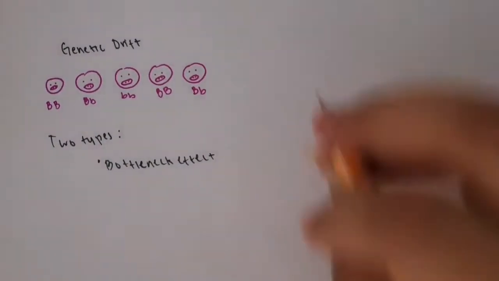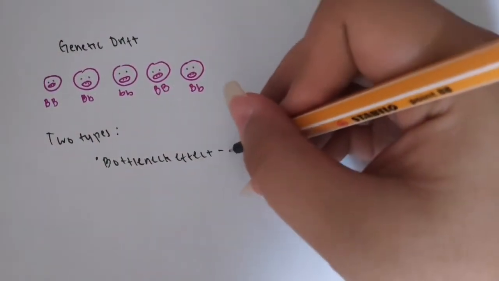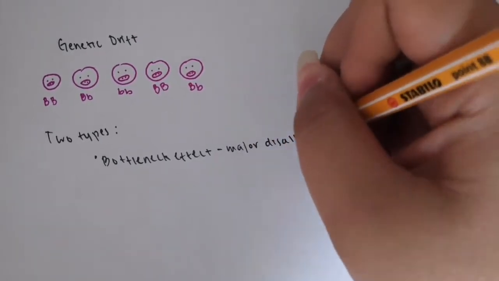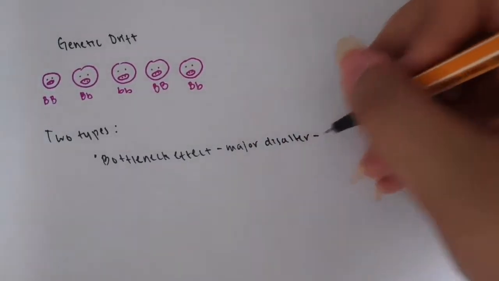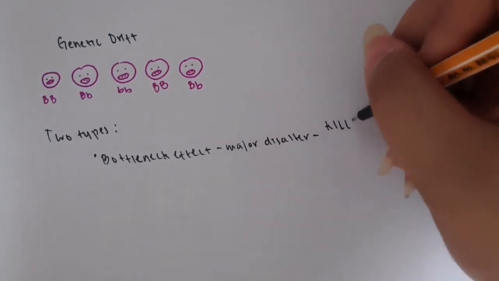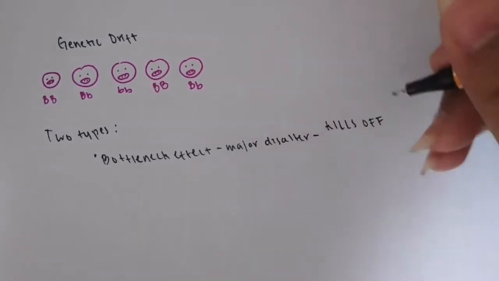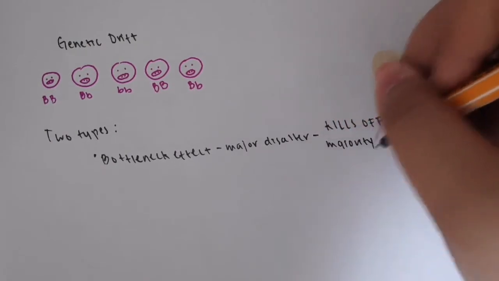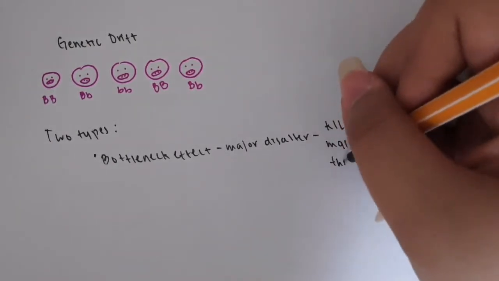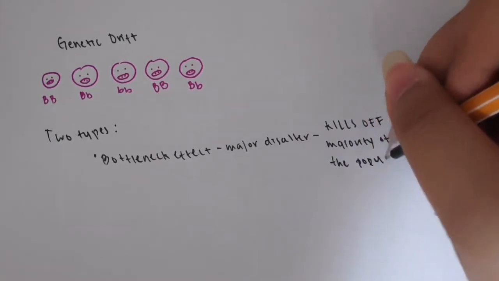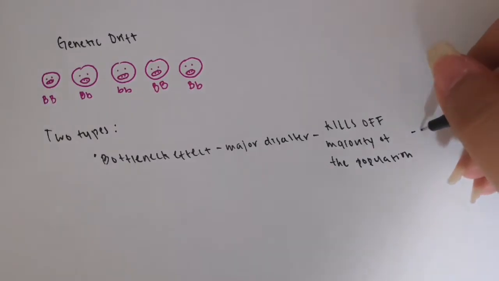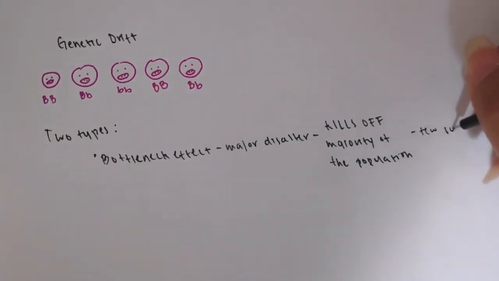Bottleneck effect is caused by a major disaster that kills off the majority of the population. Thus, only a handful survives.